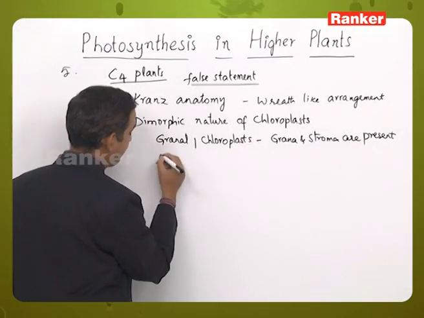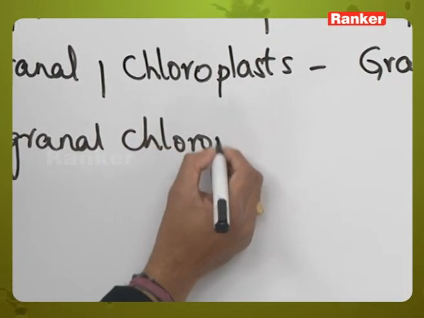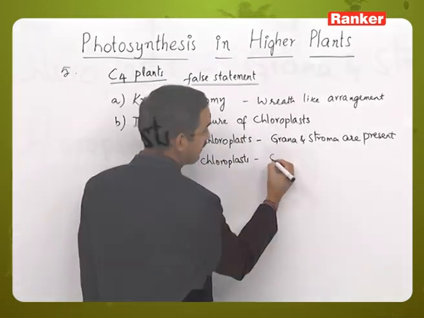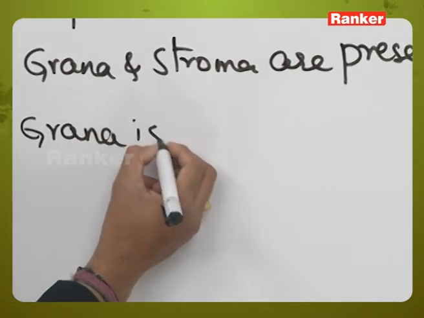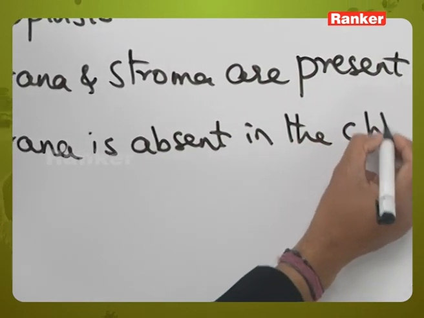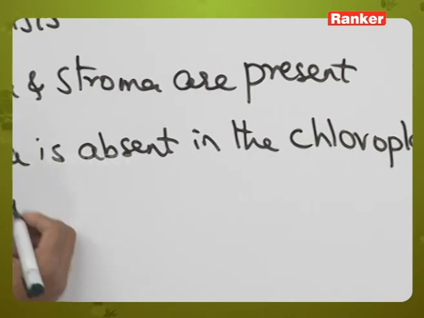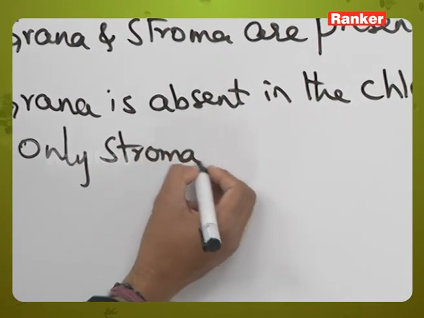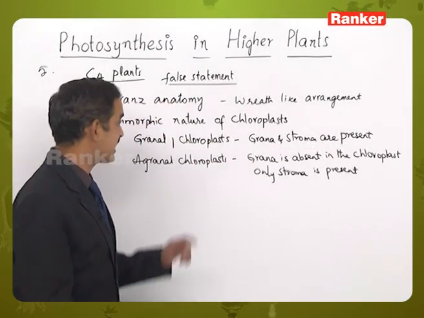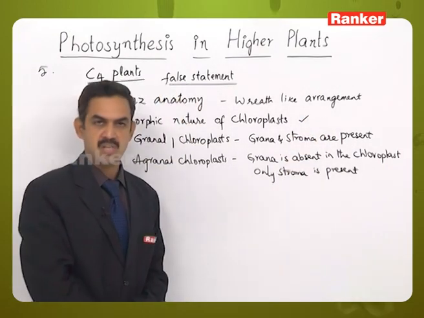In some cells we have agranal chloroplast, in which grana is absent and only stroma is present. So this deviation can be seen, and that is where the dimorphic nature of chloroplast is present. This is a true statement related to C4 plants.